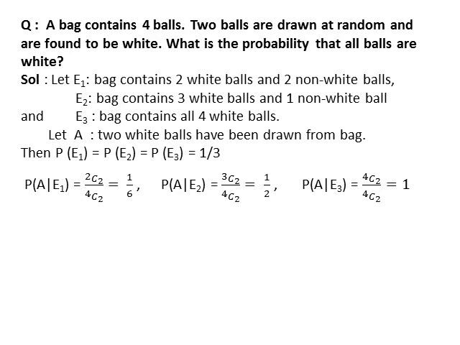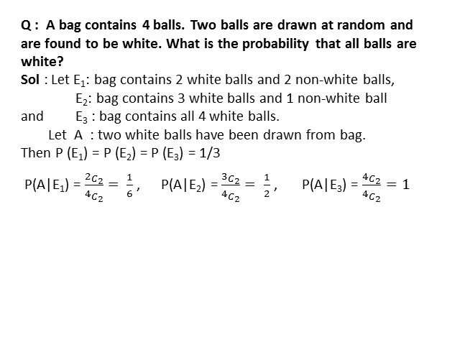This is equal to 2C2 divided by 4C2. Using the formula of nCr, simplify it, we get probability of A given E1 equals 1 by 6. Now, P(A given E2) equals probability that 2 balls drawn are white given that bag contains 3 white and 1 non-white ball.